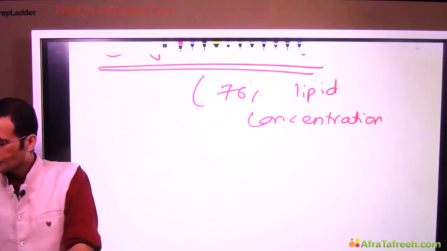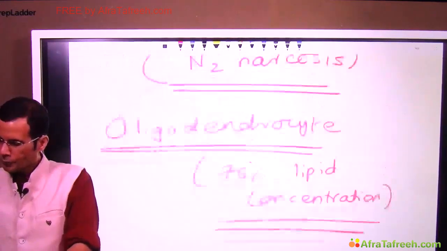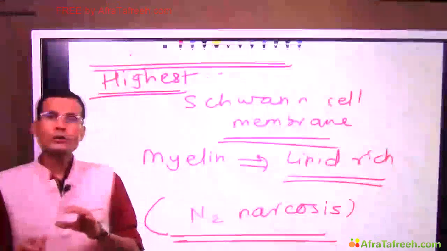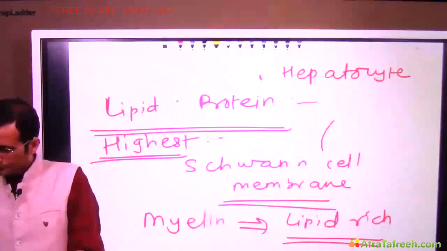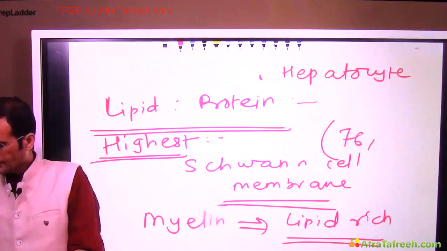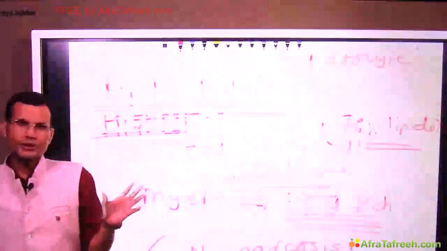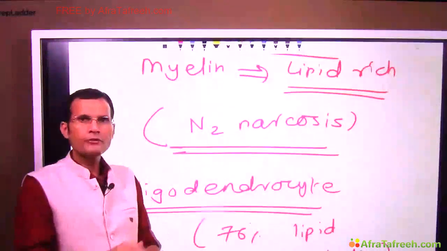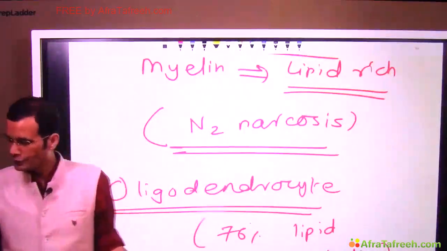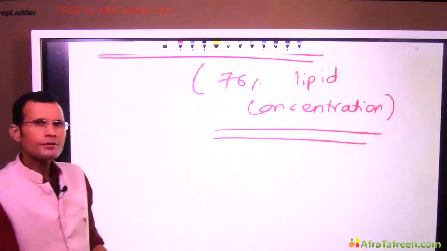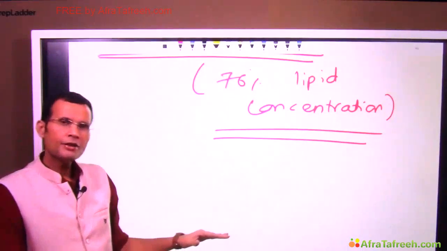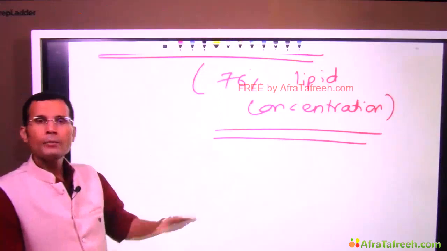So the highest concentration of lipids, almost 76%, is in the oligodendrocyte membrane and Schwann cell membrane. Schwann cell, peripheral nerves, and oligodendrocytes, the CNS nerves, the brain neurons. Either way, they are myelinated, and myelin is lipid rich.